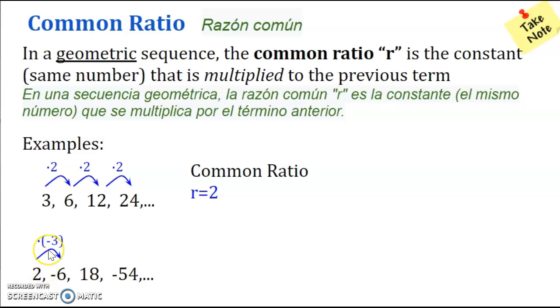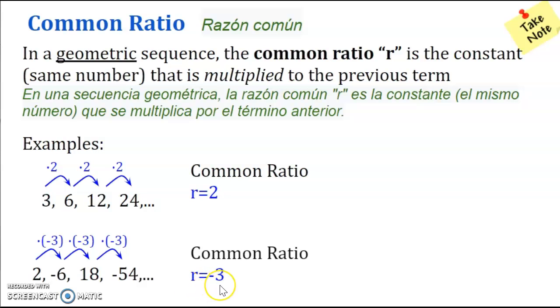That's right, I am going to multiply by negative 3. And if I multiply negative 3 to negative 6, negative times negative is positive, so I am actually going to get positive 18, and then multiply by negative 3, negative 54. So in this case, I am multiplying by negative 3. So my common ratio is negative 3.